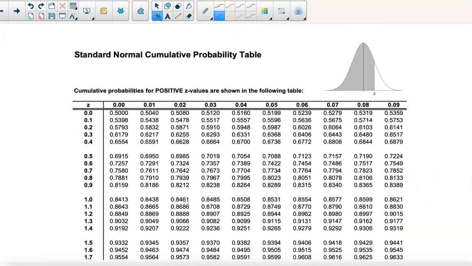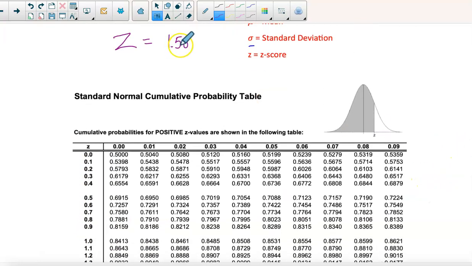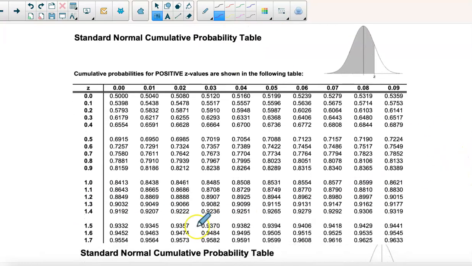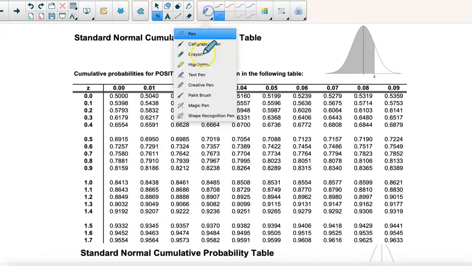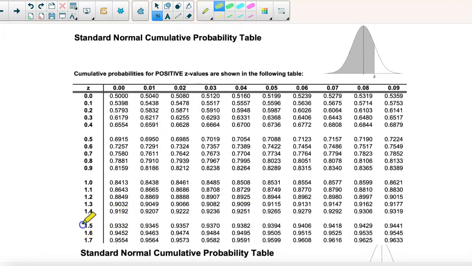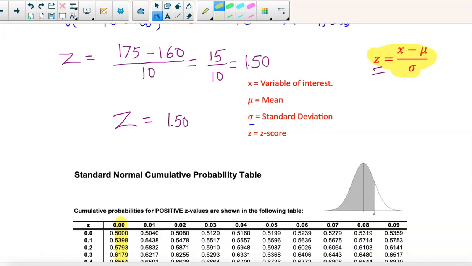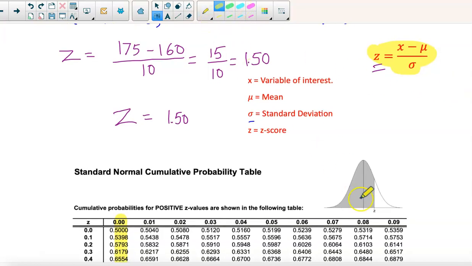The row is 1.5 and the column is 0. So I will just go to this number here, very easy. 1.5 under this 0, correct? And this is the number, 0.9332. I am looking for that number, 0.9332. That is the corresponding value in the chart.